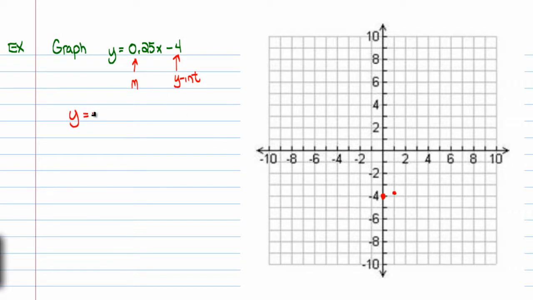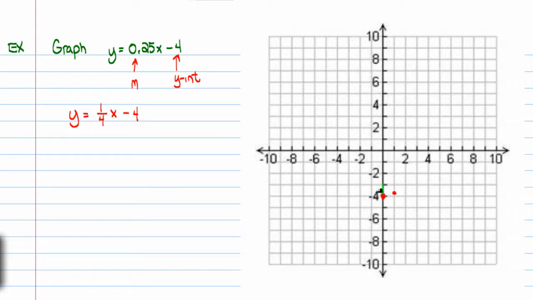A better idea, again, like I said, is just to change this to a fraction, a skill that I don't need to talk about. If you do that, then you know the slope is 1/4. So starting at my y-intercept, I'm going to go up 1. Let me do a different color for that so that you can see this.